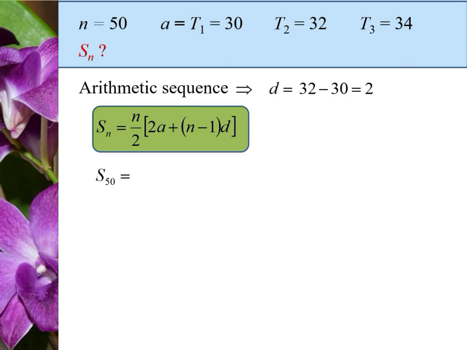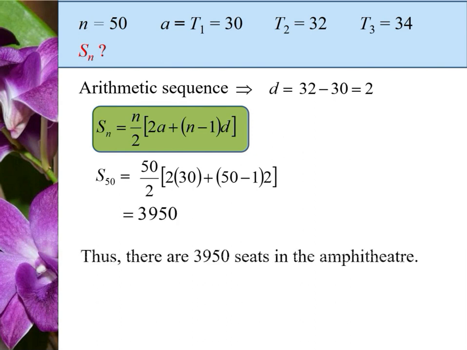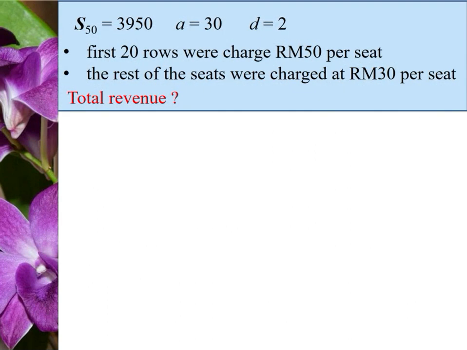So it's S50, substitute into the formula of the sum for arithmetic sequence and the values as well, you get 3,950 seats. Next, question B. The information given is the first 20 rows were charged 50 ringgit per seat, the rest of the seats were charged at 30 ringgit per seat. And we know that the total number of seats in the amphitheater is 3,950.